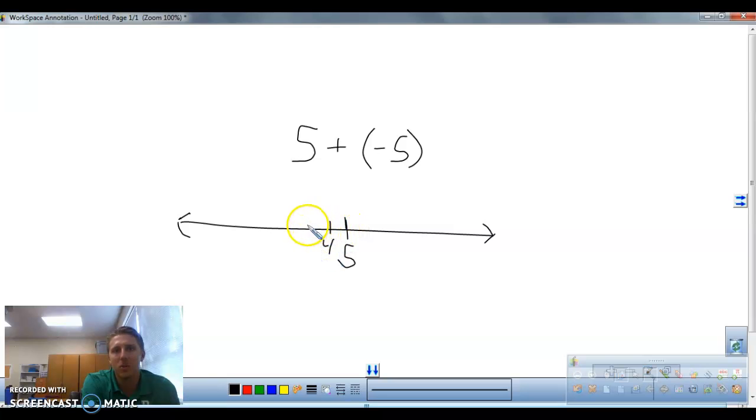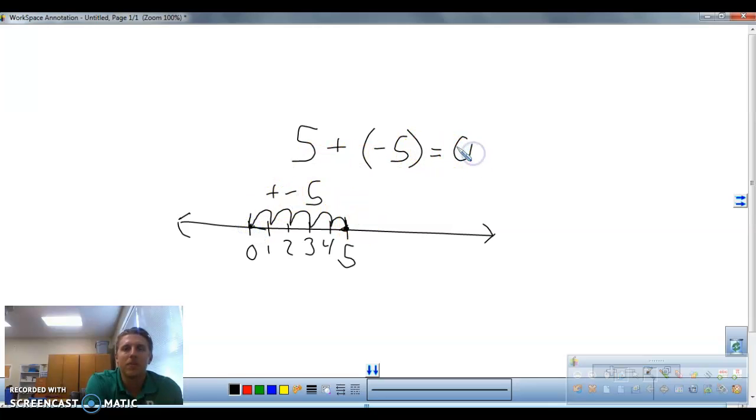So we'd have 4, 3, 2, 1, 0. We would start at 5 and we would go 5 in the opposite direction. We're adding that -5 and we'd end up at 0. So this answer would be 0.